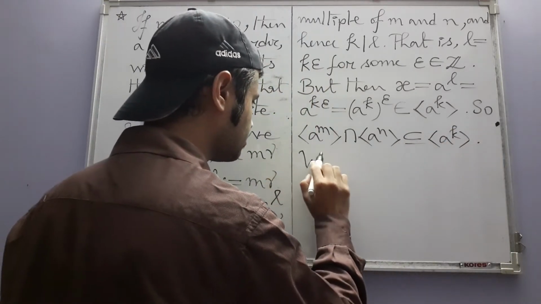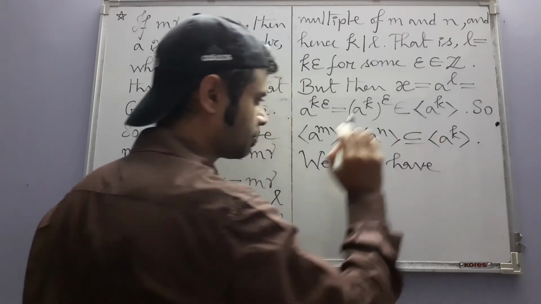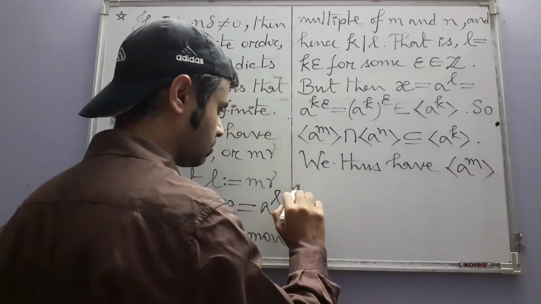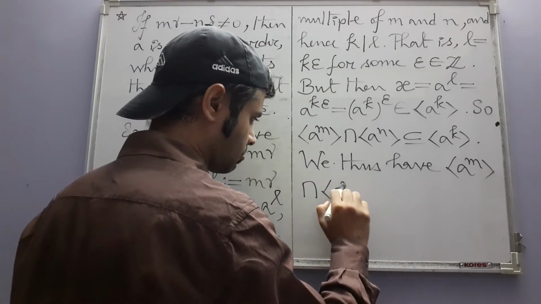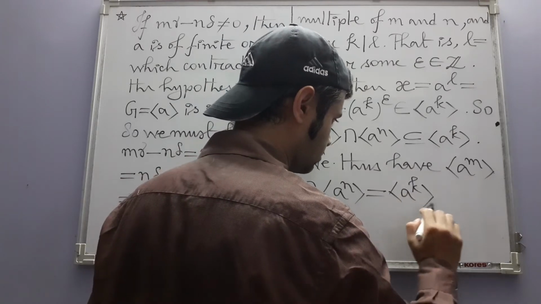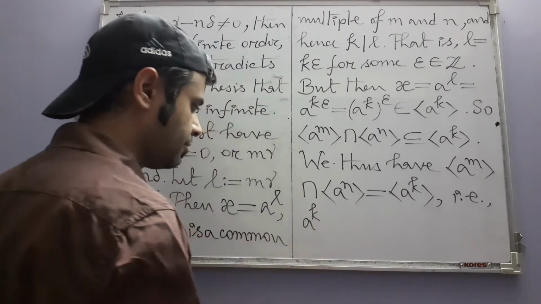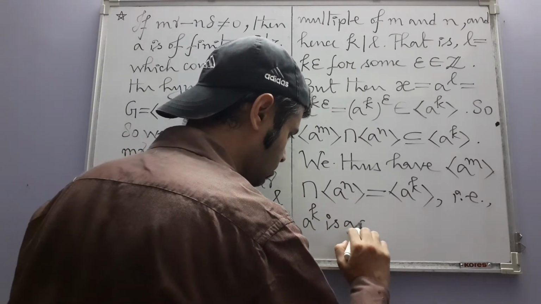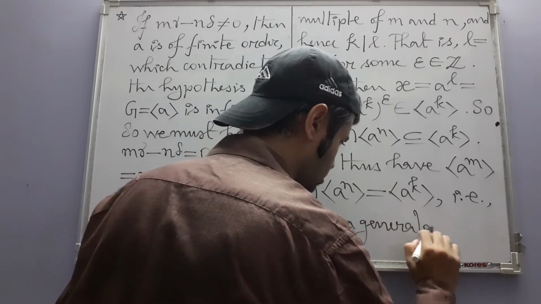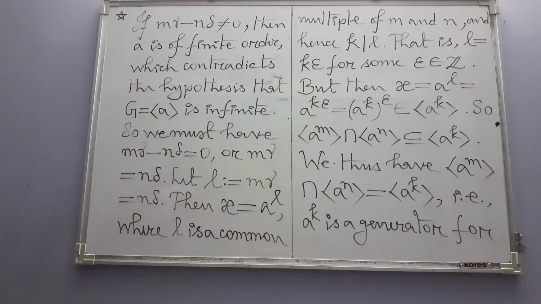We thus have equality, i.e. a to the power k is a generator for our intersection, and that's what we were seeking. So now we are done.